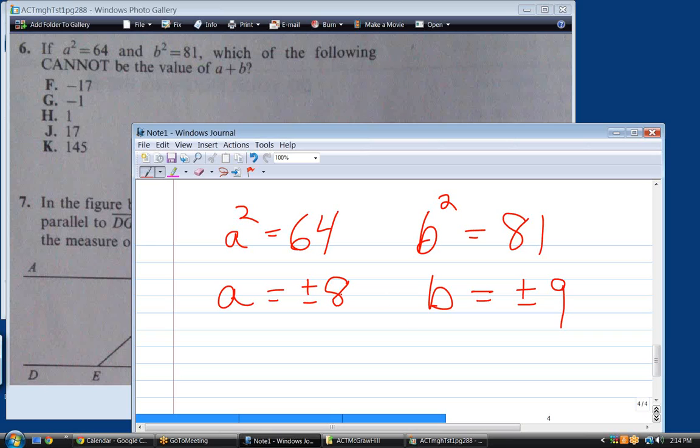If I choose the minus 8 and the minus 9, I get minus 17. Can minus 1 be an answer? Yes. Can plus 1? Yes. Can 17? Yes. Can 145? No.